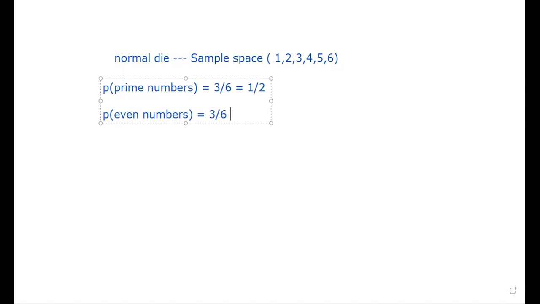Yes, it will be 3 out of 6. Could you please mention what the even numbers are in this sample space? 2, 4, and 6. Thank you. So we have 3 numbers out of 6. So we have half, right?